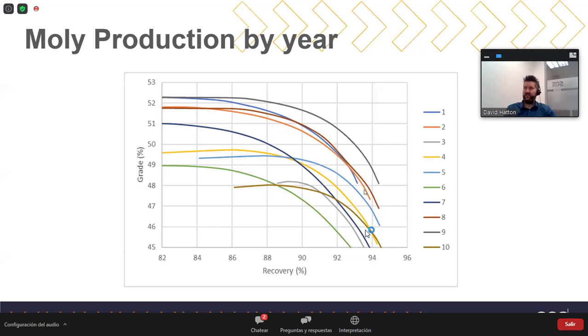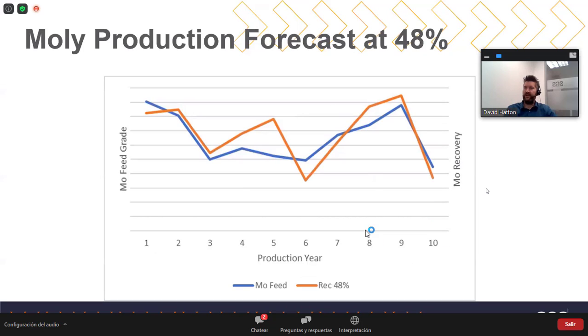So again, that allows us to choose a concentrate grade point. In this case, 48% was the realistic point. There are some years where it's not possible to get a higher grade simply because of the grade of moly in the feed. So putting all of this together, we end up with a production forecast by year.